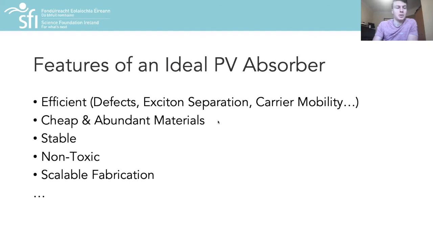So it's no good if you can make a highly efficient solar cell out of platinum or something, for example. You want relatively cheap materials that you can scale up. You want them to be stable, so that they last long enough, non-toxic, and also scalable, with industrial scale fabrication techniques.